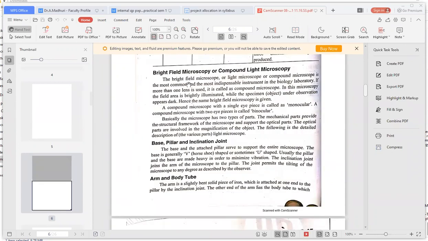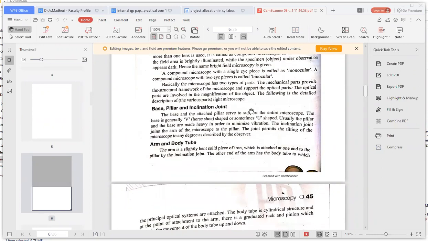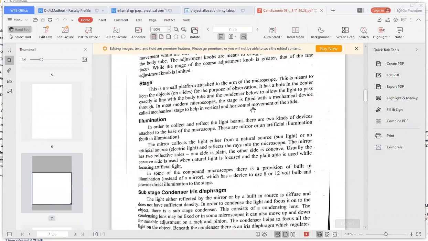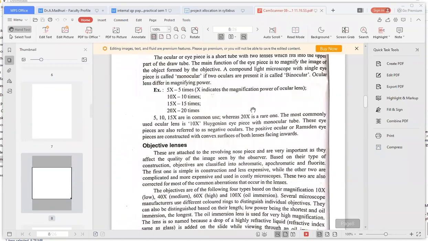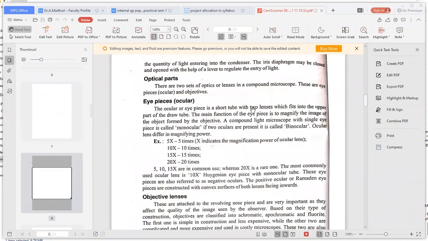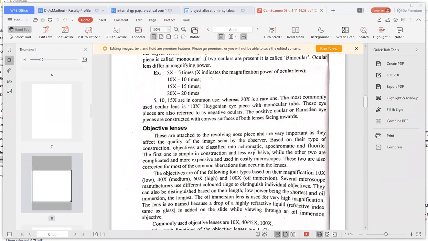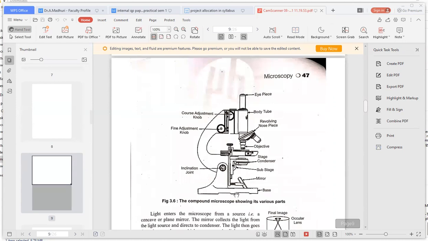Coming to the first type, bright field electron microscopy. You all have studied about this microscopy. Here, better you concentrate on the diagram. After that, we'll come back to this part. What are the different parts you have to study? This is the eyepiece, this is the body tube, and this is the resolving nose piece.